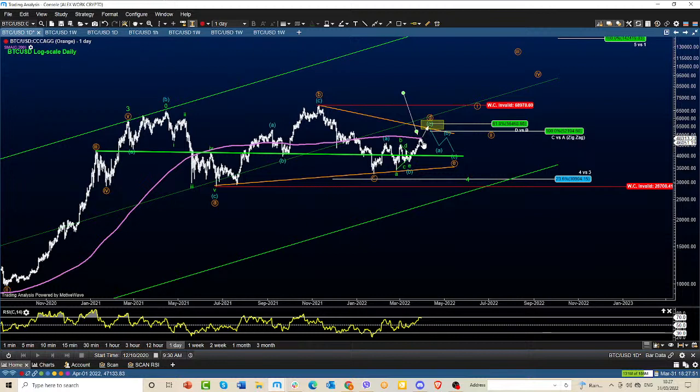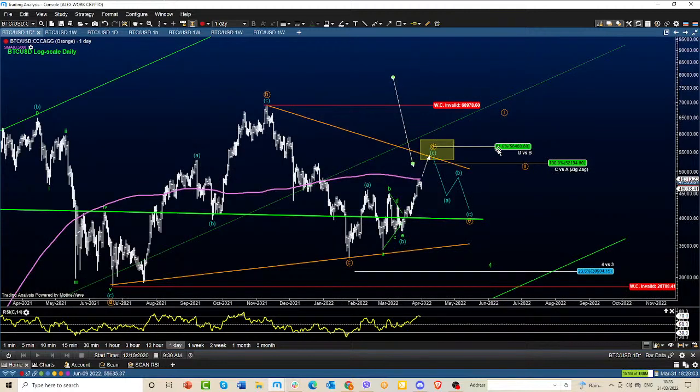So what I would like to see is that this is just a correction, because the usual legs relation at least has to be a 0.618 relation of the previous legs. So this comes around 56K.